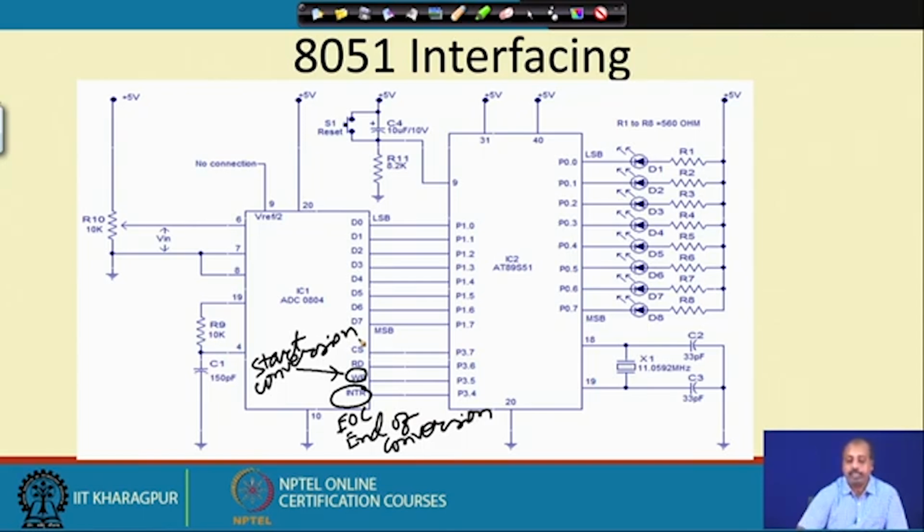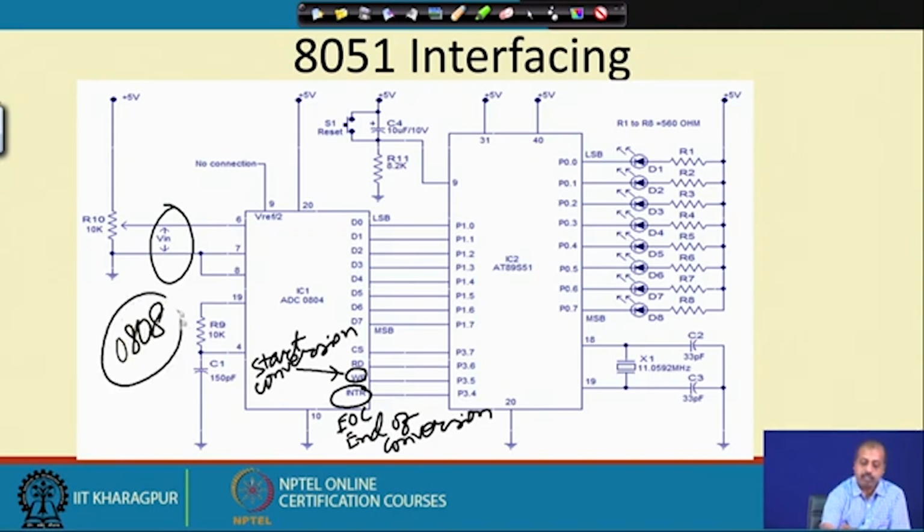This particular ADC is a single channel ADC. There is only one channel on which you are feeding this V input, and it is converting that. Some ADCs, like the next ADC that we have, the 0808 ADC, have more analog channels.